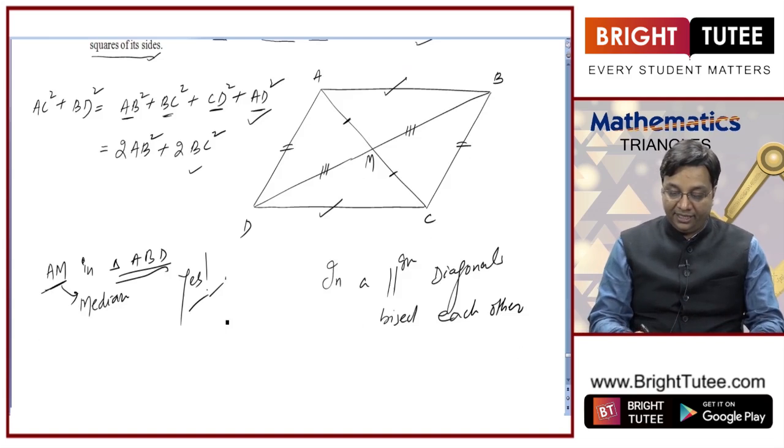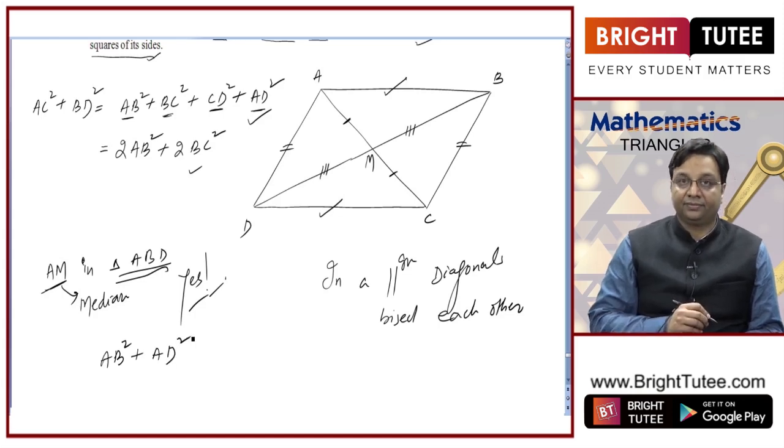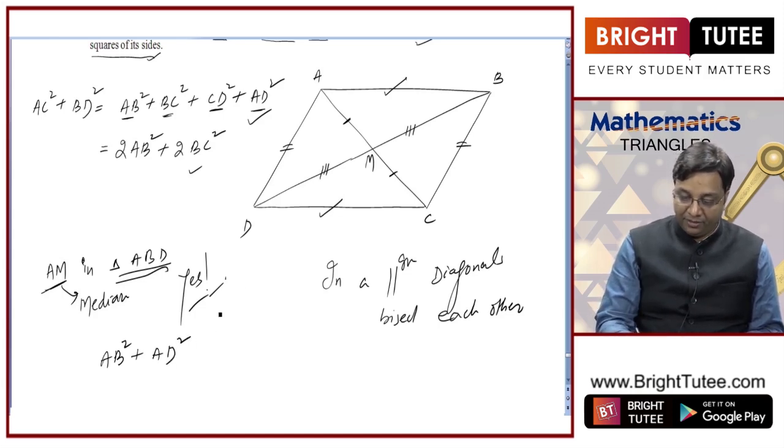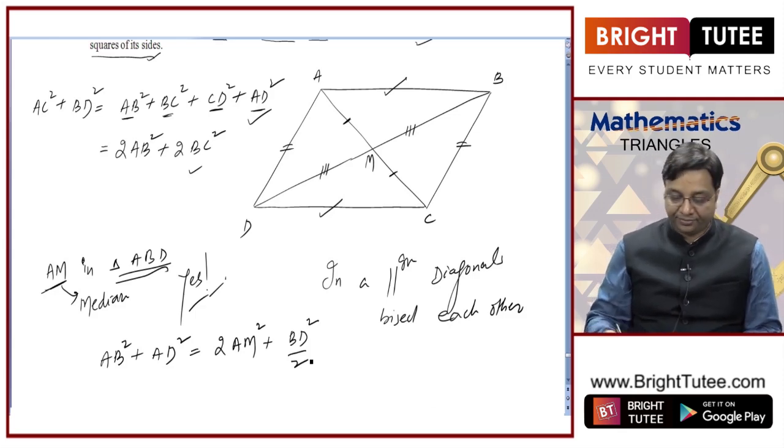So can I say that AB square plus AD square is equal to twice of AM square plus BD square by 2? Can I say this?